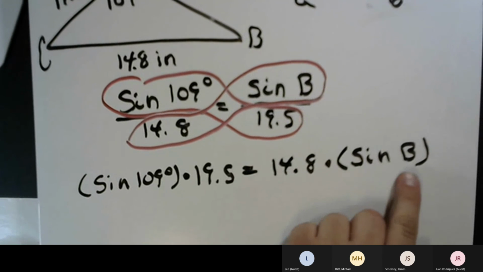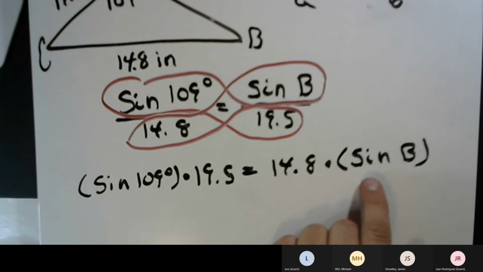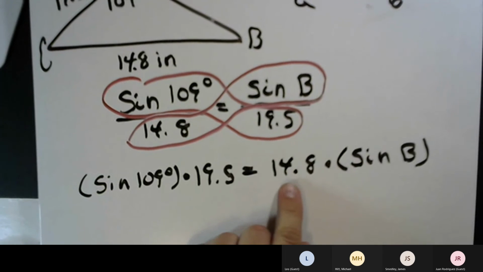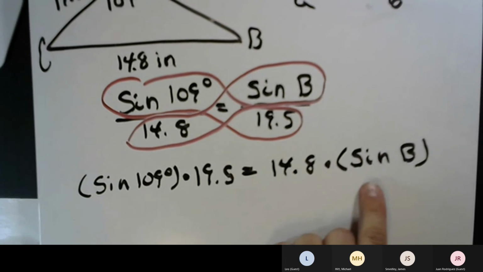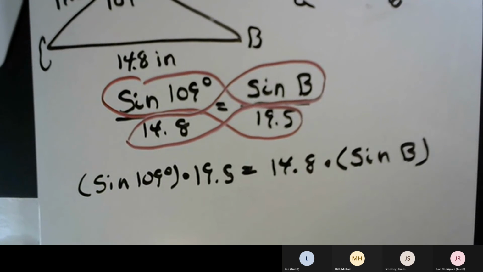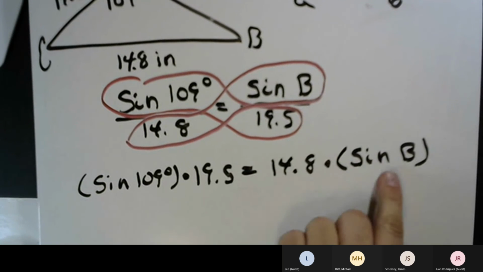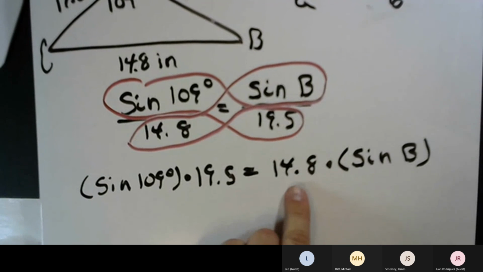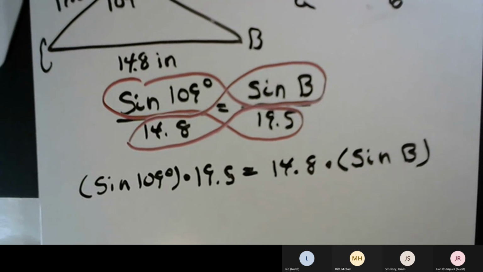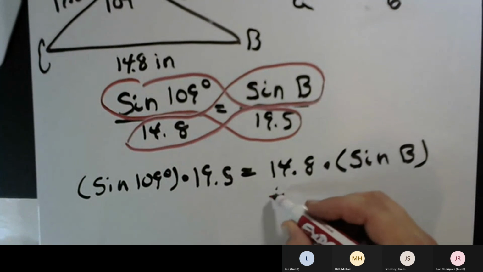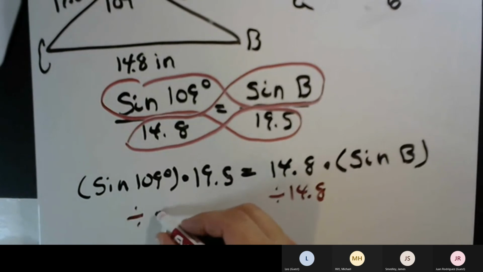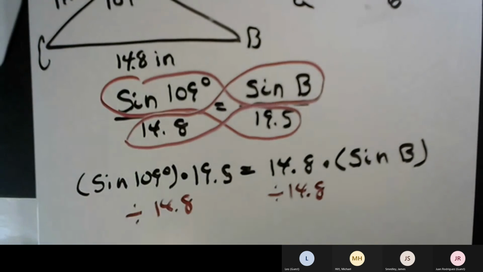Well, we want to get B by itself, but we can't just do it in one step. We have the sine of B. So what we're going to do, we're going to cancel this and then cancel the sine. So we're going to go backwards. Instead of sine B, then multiply by 14.8, we're going to cancel 14.8 and then cancel the sine. So let's divide both sides by 14.8. And we're dividing the entire sides.